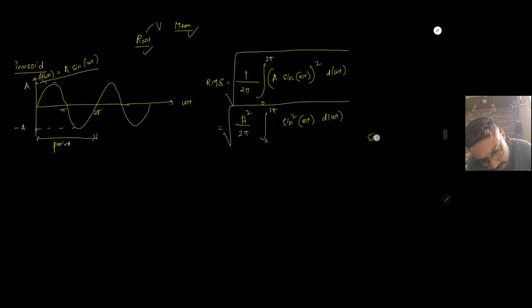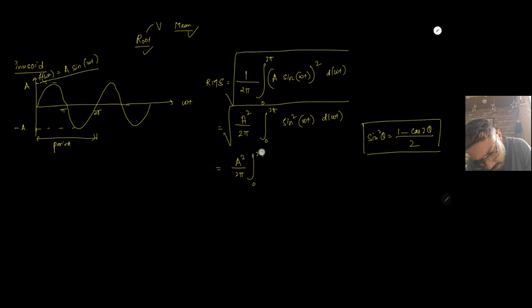So what is sine squared theta? We can write it as 1 minus cos 2 theta by 2. So we will use this identity. 1 minus cos 2 theta by 2, d omega t, place a root.